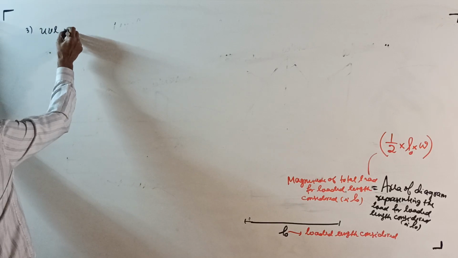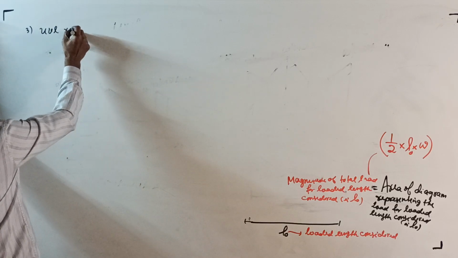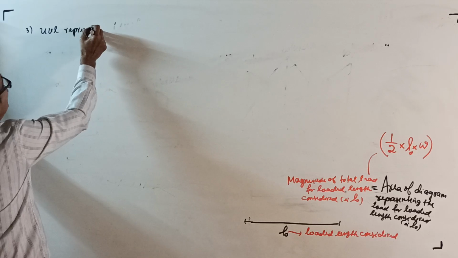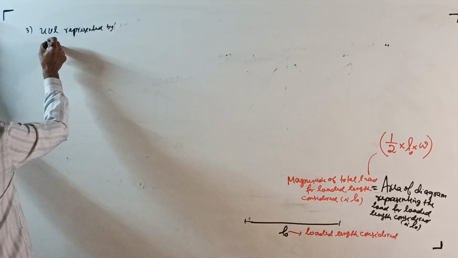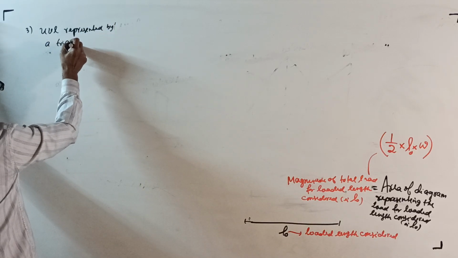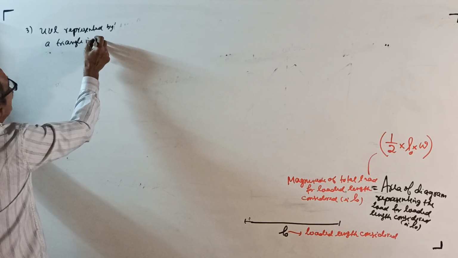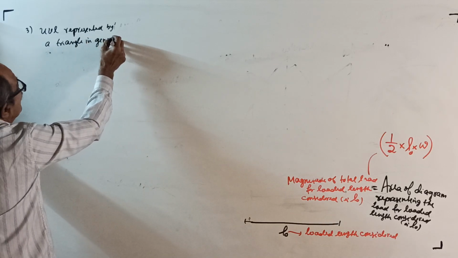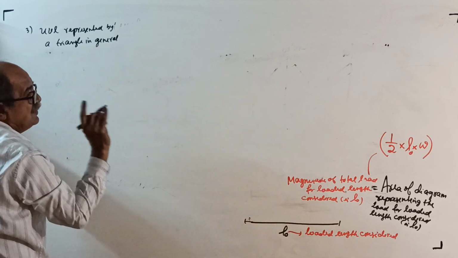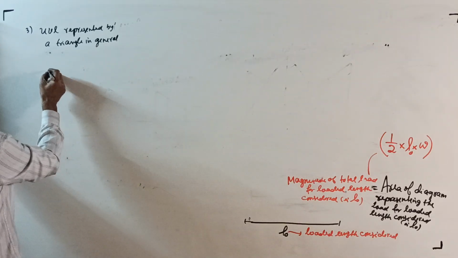UVL represented by a triangle in general. In general, it need not be isosceles. See, two cases are there.